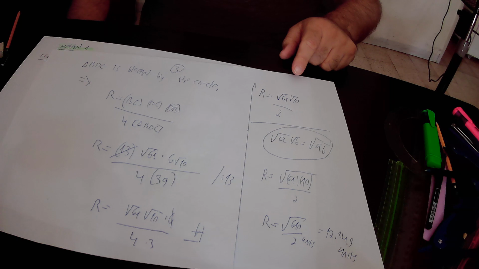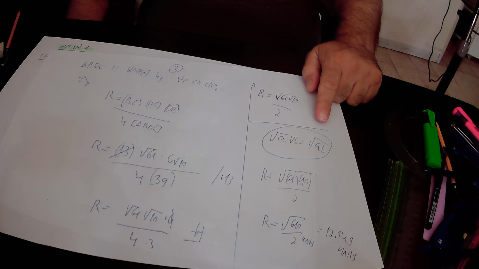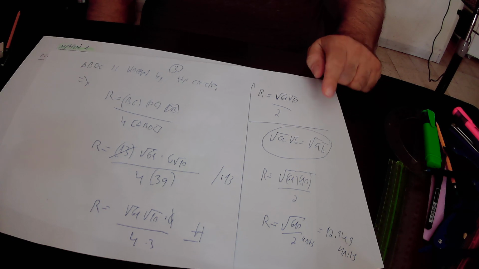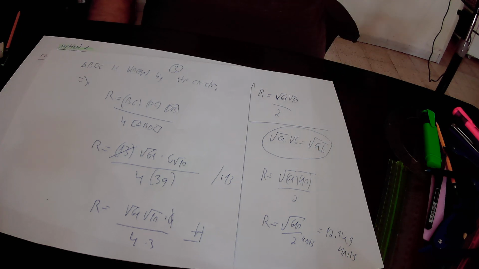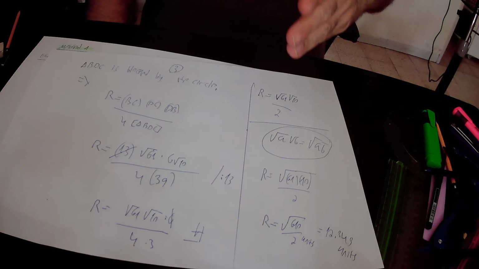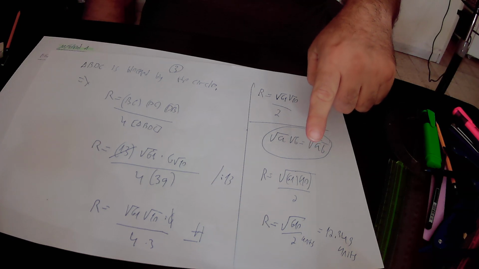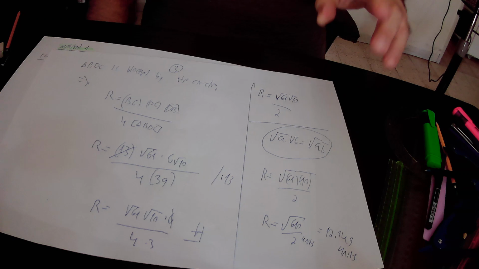Okay, and according to the algebraic identity that the square root of A times square root of B equals the square root of AB, we will get that the square root of 61 times square root of 10 will be equal to the square root of 61 times 10, all divided by 2. 61 times 10 is 610, so inside the root we have 610 over 2.